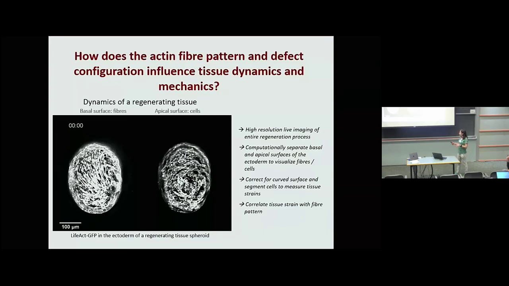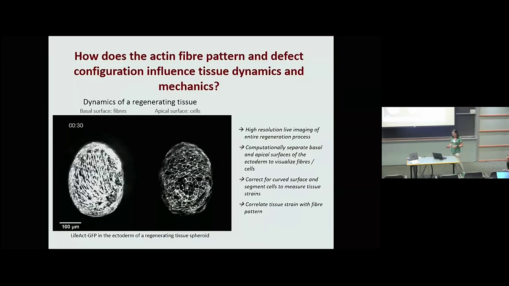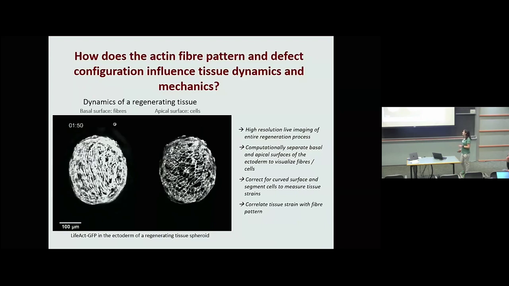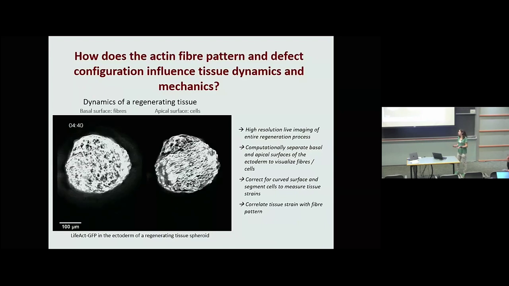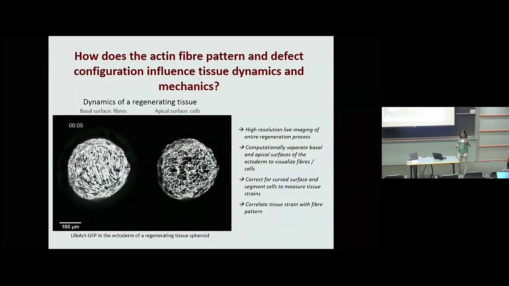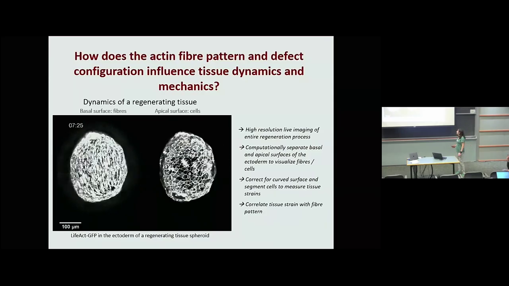By doing that, we could visualize separately the actin fibers and the cell outlines. Now, if I show you this movie, you can better appreciate what is happening to the tissue in terms of deformation, etc.